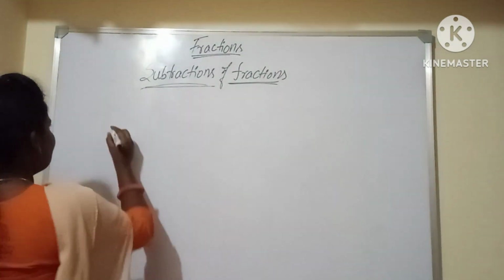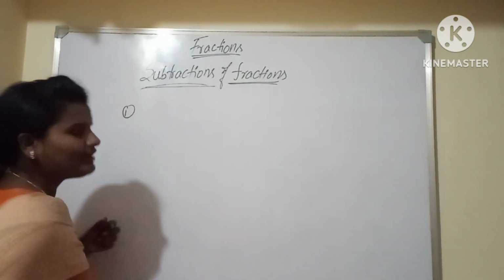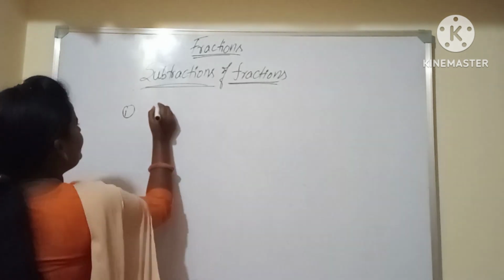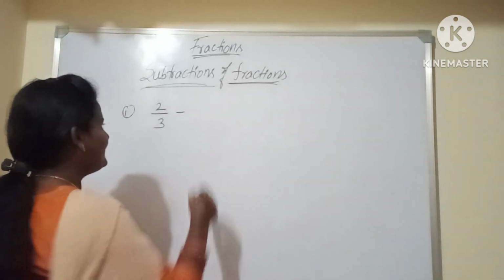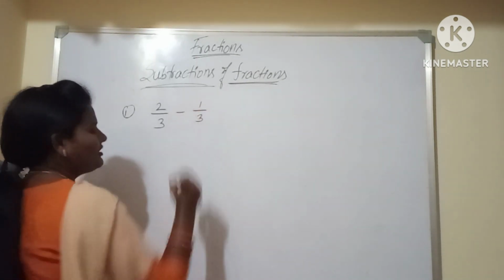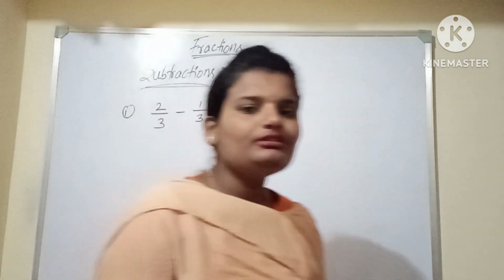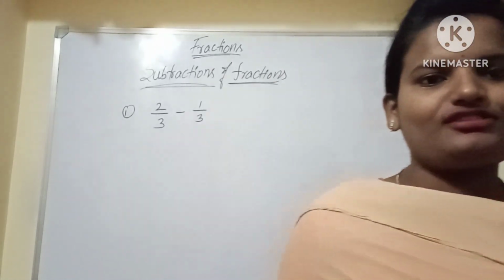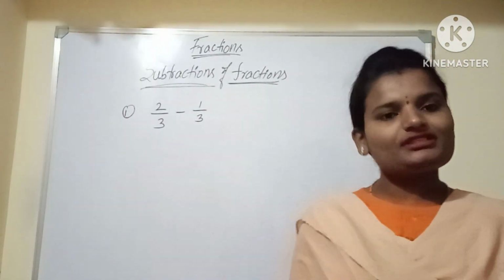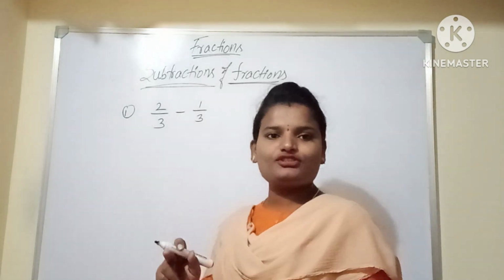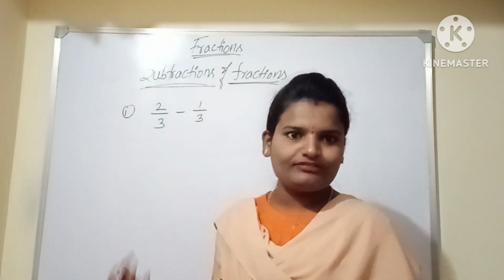See here, the first case, I am taking like fractions. Suppose 2 by 3 minus 1 by 3. If you observe here, both the fractions are like fractions. In this case, we can do the subtraction directly, just as we did addition directly for like fractions.